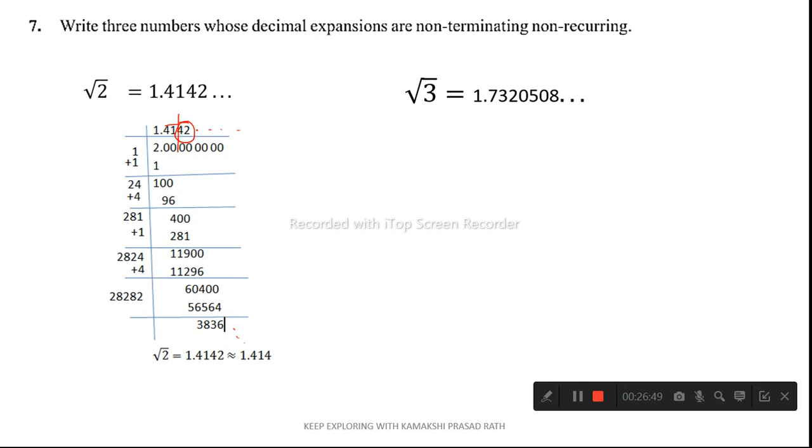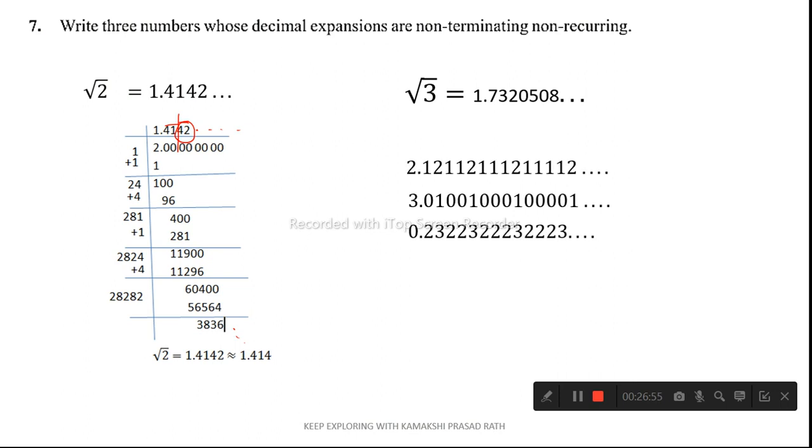Without using this, we can also try some other decimal expansions directly, like 2.12 and so on. What is the concept here? We are just breaking a pattern. First we have 1 2, then 1, then again 1, so every time we proceed, we are increasing the decimal places.